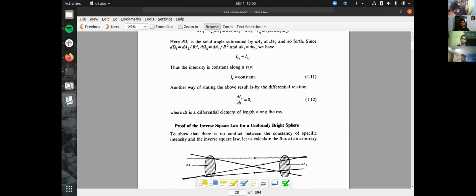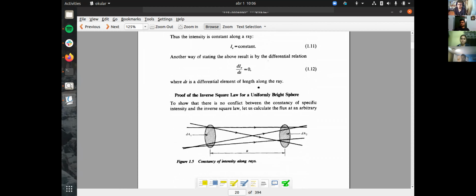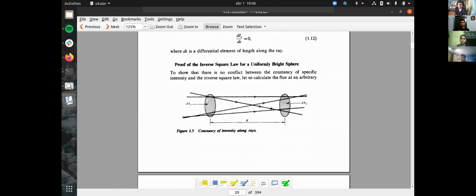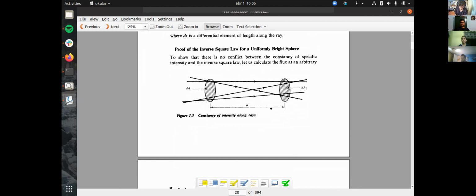Okay, I think that's it for today. The proof of the inverse square law for the uniformly bright sphere is a standard problem. Please work on this on your own.